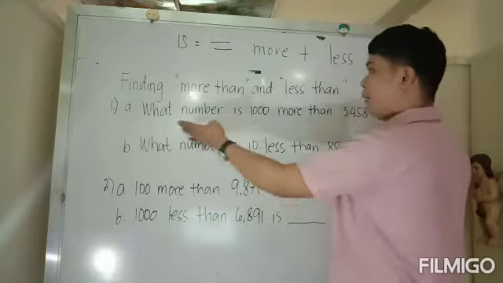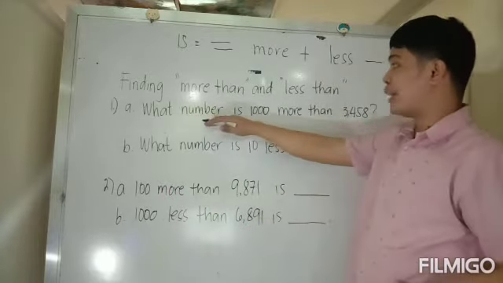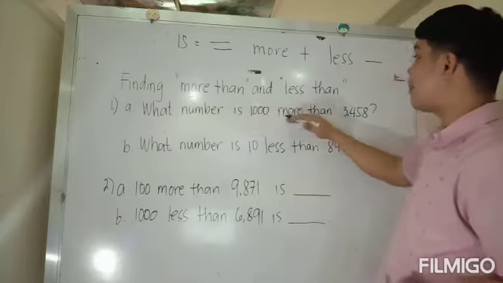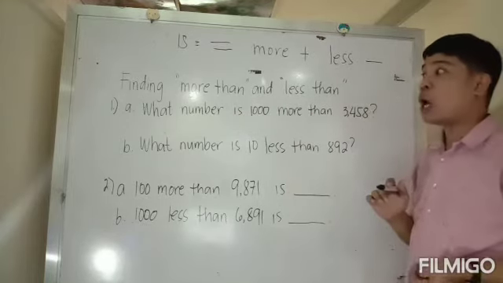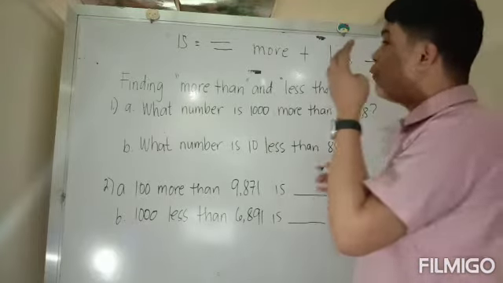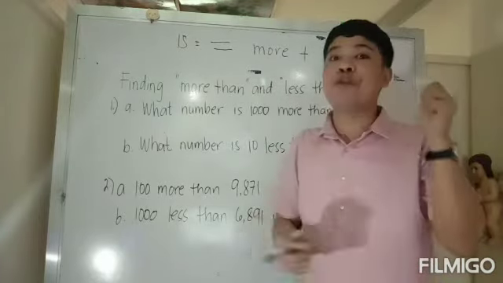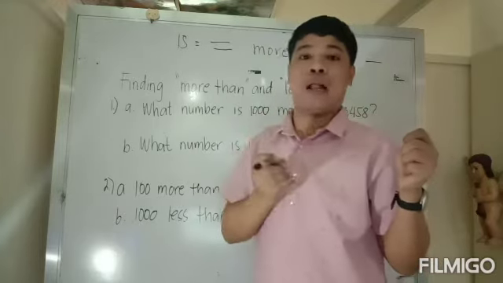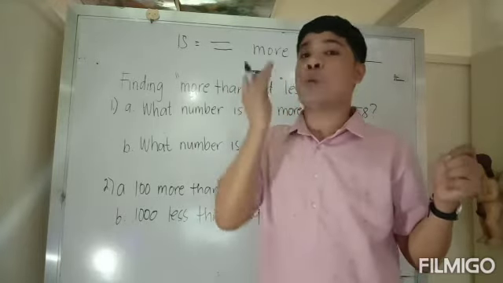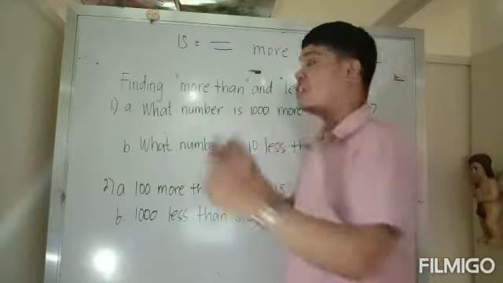Okay, look at this problem: what number is 1,000 more than 3,458? Before you answer that, you have to read it several times, understand it very well, and identify where "is" is placed in the problem.